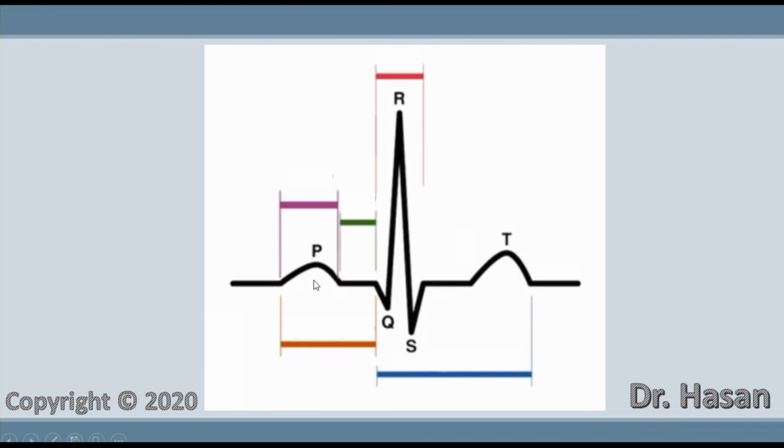So remember, the P wave and QRS complex are equal to 0.1 seconds, and the PQ segment is equal to 0.08 seconds, and the PQ interval includes the duration of the P wave plus the duration of the PQ segment. This means that the PQ interval is 0.18 seconds. It includes the duration of the P wave, 0.1 second, plus the duration of the PQ segment, 0.08 seconds. And the QT interval is 0.35 to 0.44 seconds.